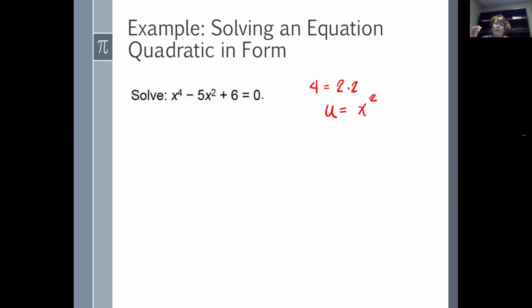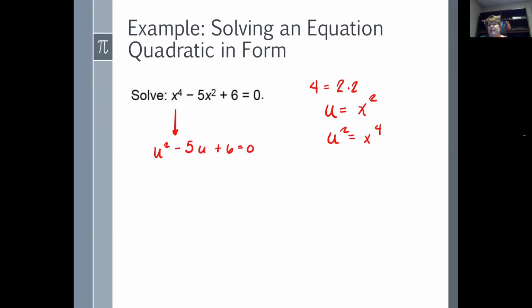So then we can convert this equation to one that's quadratic in form. If u equals x squared, then u squared is equal to x to the 4th. And how do I get that? I square both sides. So now I can make the substitution. X to the 4th is u squared minus 5u plus 6 equals 0.